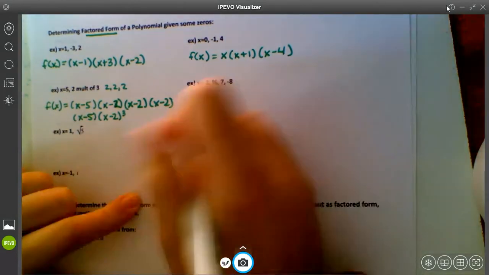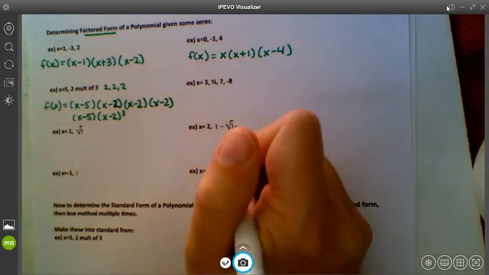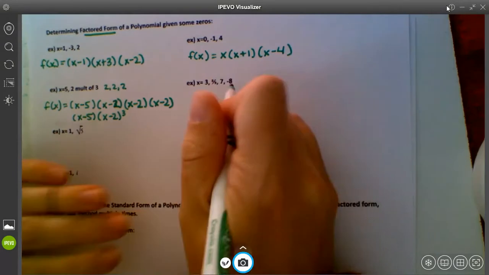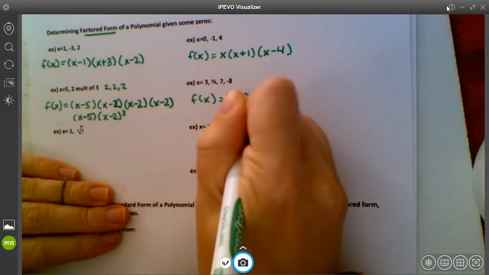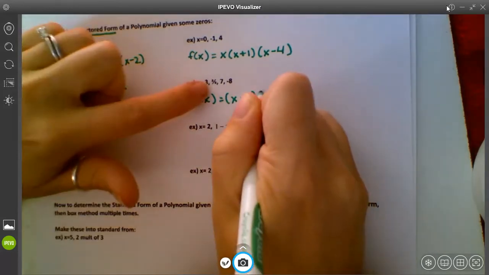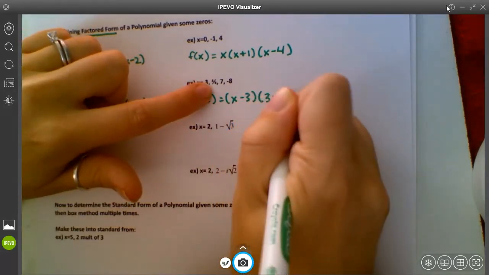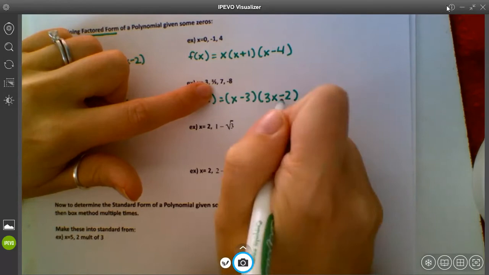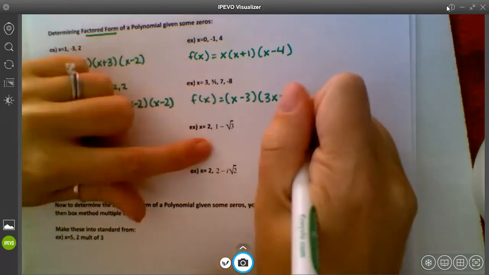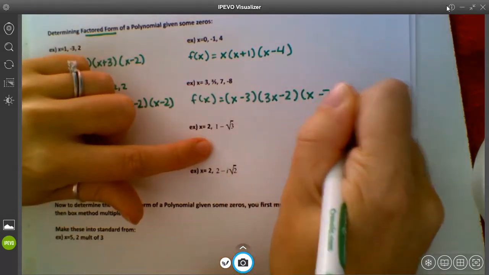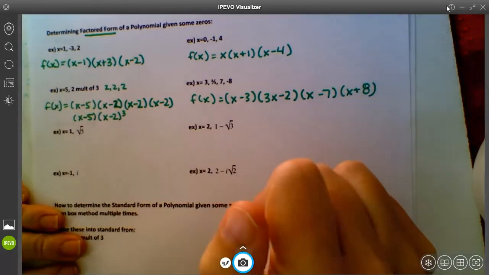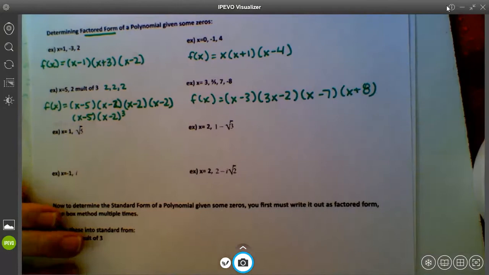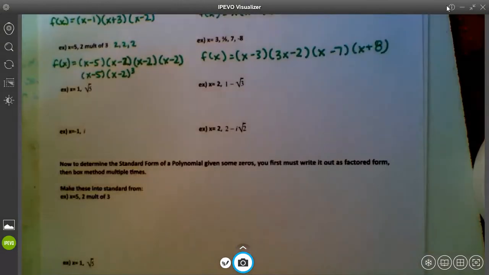In this next example, we have a fraction. We know how to write fractions into zeros as well, or into factors as well. So just recall x minus 3. We take the denominator, put it next to x, and then subtract the numerator. So 2/3 becomes 3x minus 2. We got an x minus 7 and an x plus 8. This is the only place where things change, but no new facts are added.